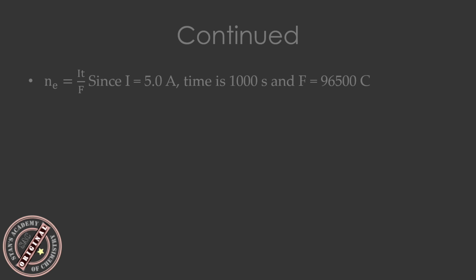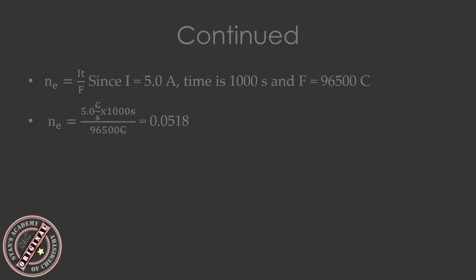I've used the rounded off value for Faraday's constant. When you substitute these numbers, n_e = 5 coulombs per second times 1000 seconds divided by 96,500 coulombs, which will give you 0.0518 moles of electrons.